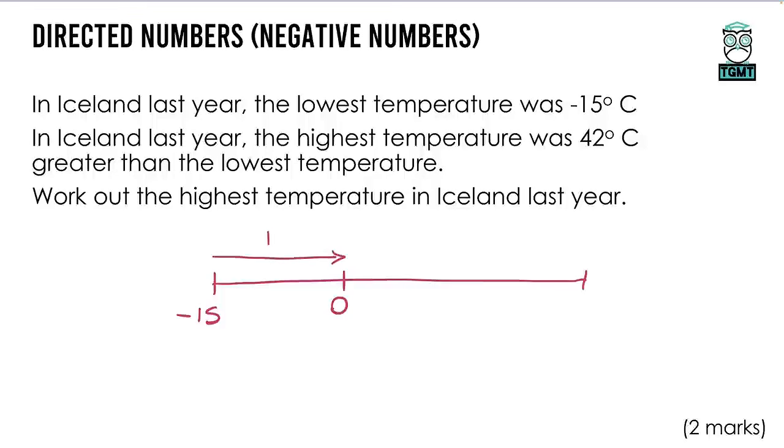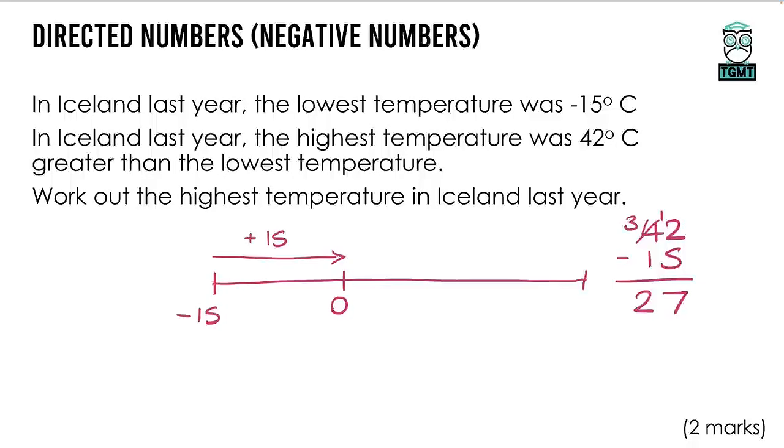So we want to know how much further we have to go to increase by 42. So what we could do is we could take away 15 from that 42 just to see how much higher we need to go. So I might do 42, take away 15, just some column subtraction to the side. I can't take away 5 from 2, so I'll have to borrow. 5 from 12 is going to go down to 7, and then 1 from 3 is 2.